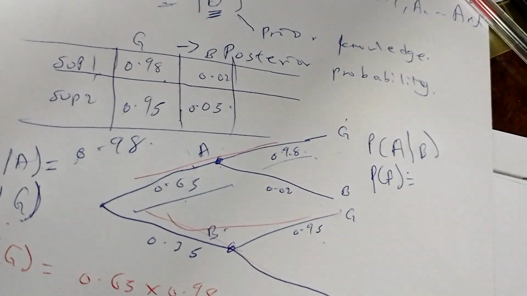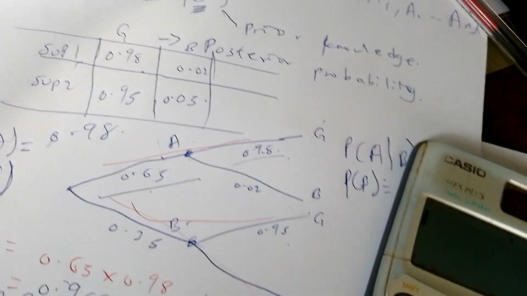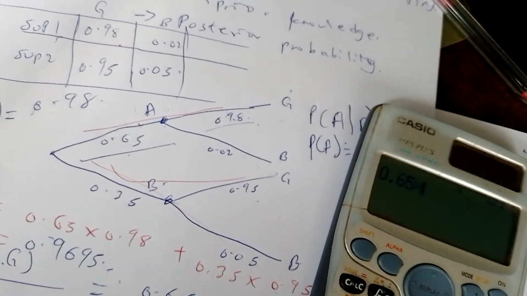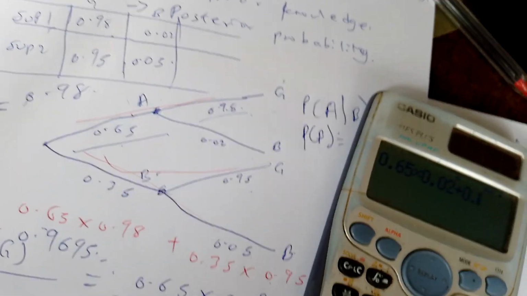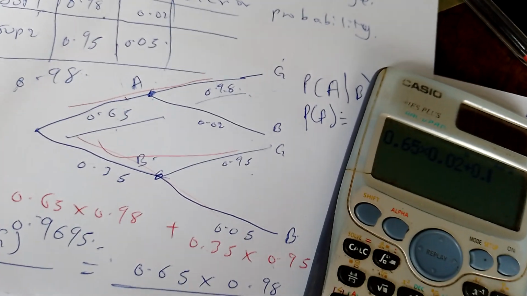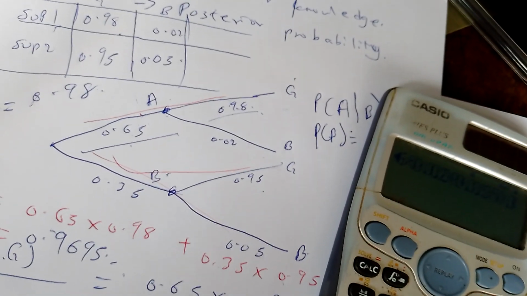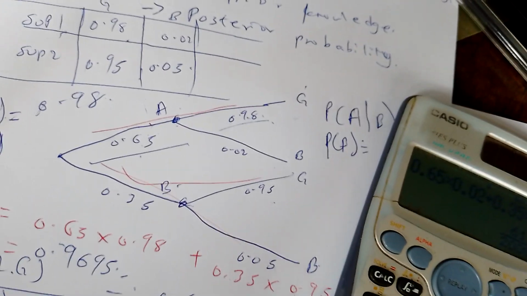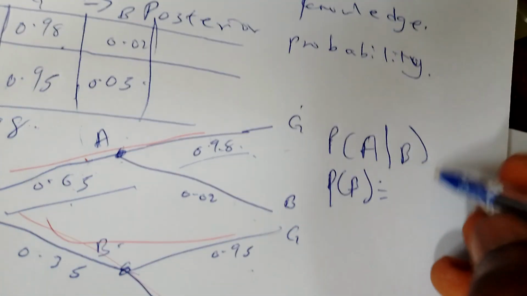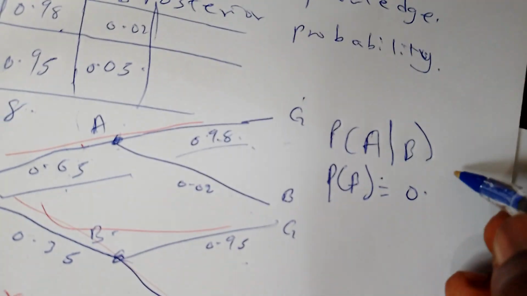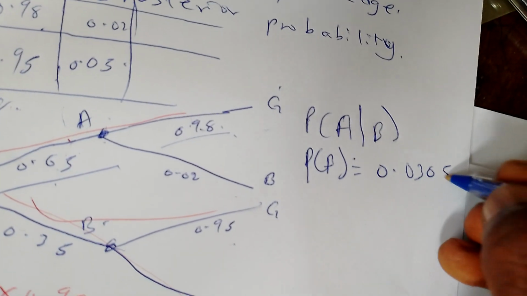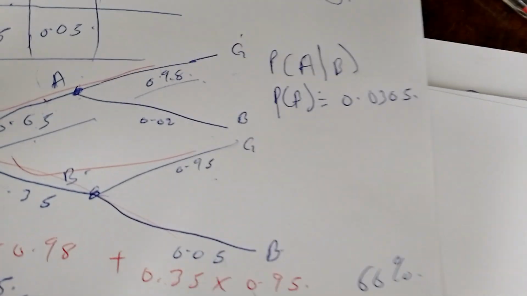So that'll be 0.65 times 0.02 plus 0.35 times 0.05. So the probability that it is bad at all is 0.0305. So 3% of your goods will be bad.